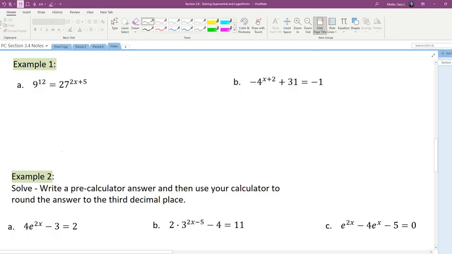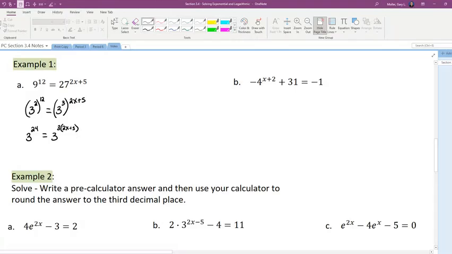So I can turn 9 to the 12th into 3 squared to the 12th. And I can turn 27 into 3 cubed to the 2x plus 5. Or 3 to the 24th equals 3 to the, I guess I'll just write it like it is.